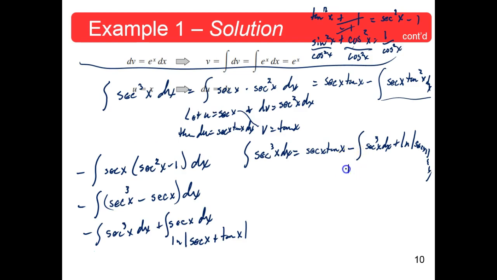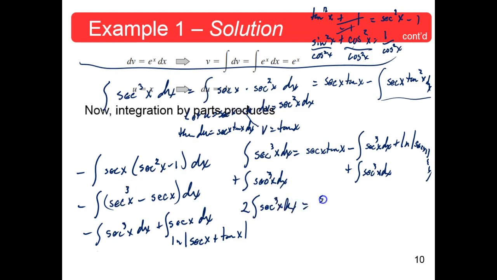Now, what we're going to do is add this integral to both sides, the integral of secant cubed x dx plus the integral of secant cubed x dx, and that gives you 2 times the integral of secant cubed x dx is equal to secant x tangent x.